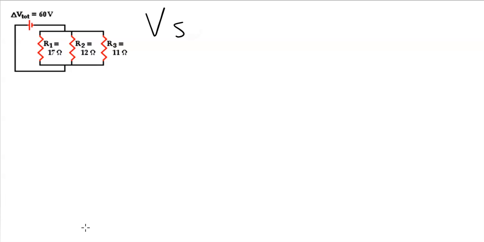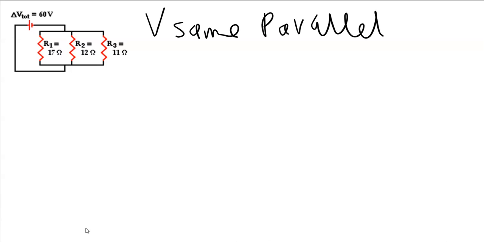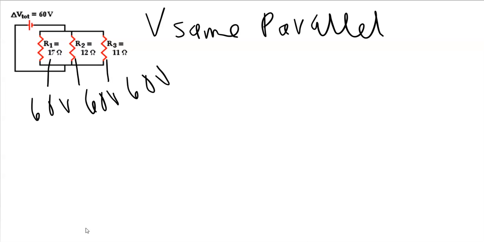Remember that V is the same in a parallel circuit, so all of these have the same voltage, which is 60 volts. So there's no solving for that. But the currents do split, which means I have to find the current for each branch.